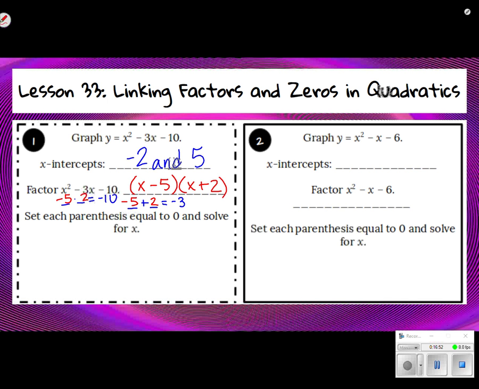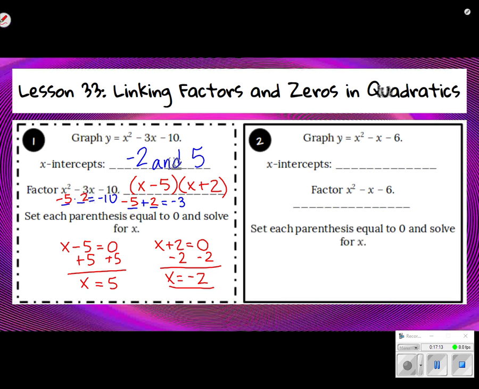Now you can set each parenthesis equal to 0, x minus 5 equals 0, x plus 2 equals 0, and then solve for x in each problem. But you should also be able to see that we've got -2, like we did here, and we got 5, like we did here. So it's another tool in your toolbox.